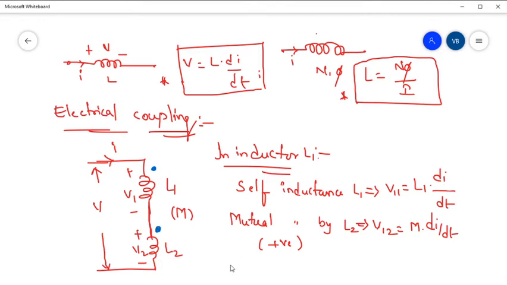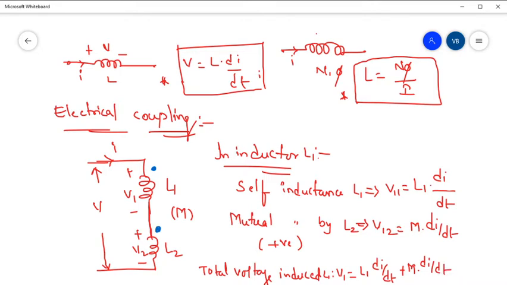So what is the total voltage induced in the inductor L1? Let us take V1 equals self-inductance plus mutual inductance, so that is L1 into di by dt plus M into di by dt.